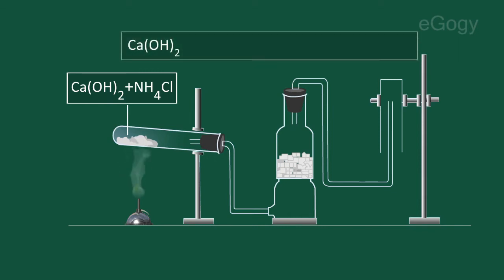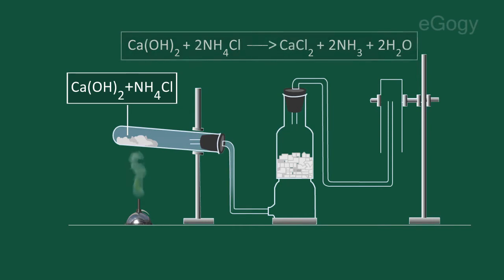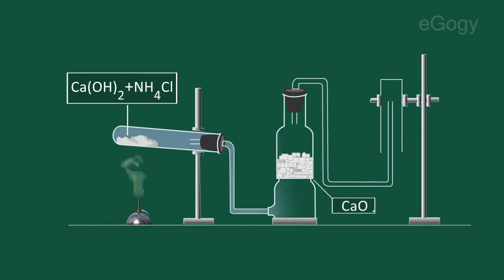Ca(OH)2 on reaction with 2NH4Cl gives CaCl2, 2NH3 and 2H2O. Ammonia gas is passed through fresh quicklime to effectively dry it. Ammonia is collected by upward delivery as it is lighter than air.